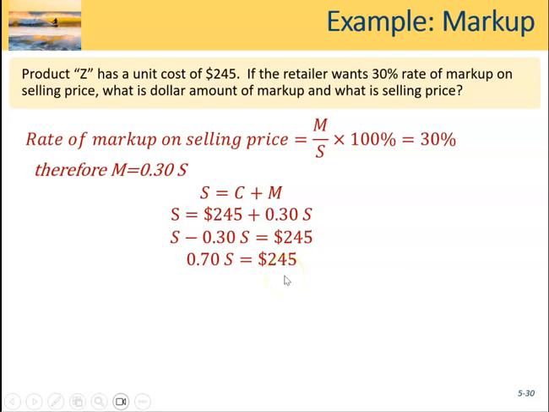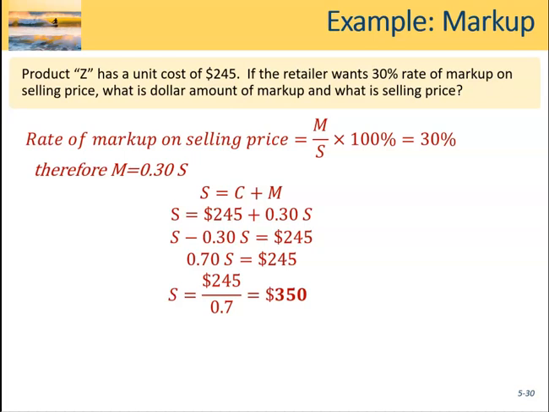Now we want to get rid of the 0.7. Well, how do we get rid of the 0.7? We divide both sides by 0.7. So by dividing both sides by 0.7, that leaves us S on the left-hand side because it cancels out.